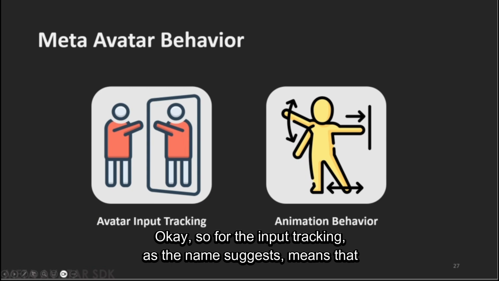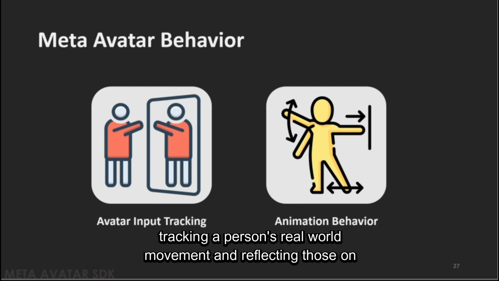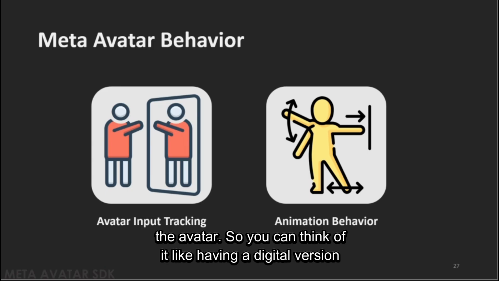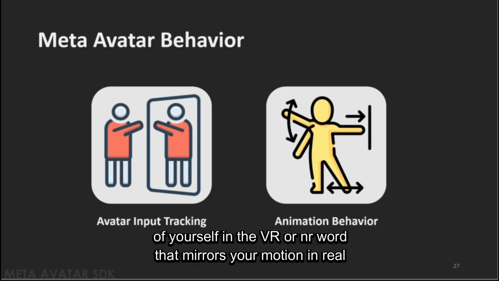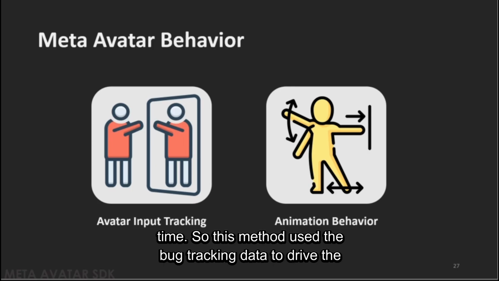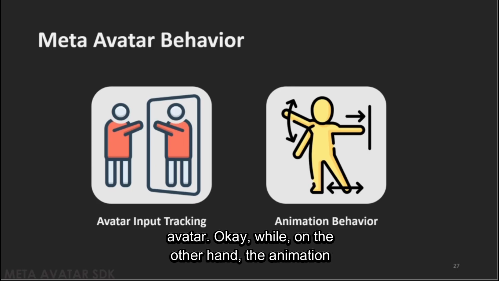Okay, so input tracking, as the name suggests, means tracking a person's real-world movement and reflecting it on the avatar. You can think of it like having a digital version of yourself in the VR or AR world that mirrors your motion in real time. This method uses live tracking data to drive the avatar.